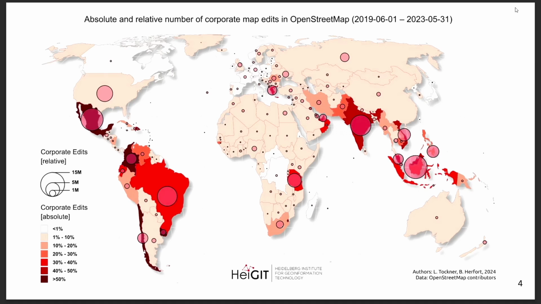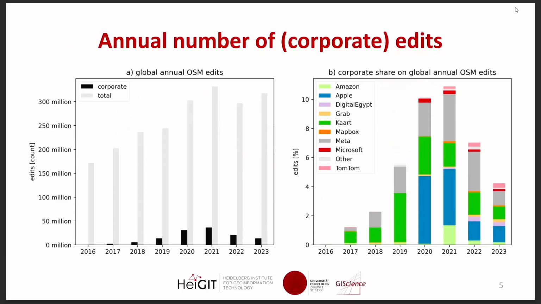So it's the high to medium income countries where it seems, at least from this map, that there's the biggest interest for corporates to map in OpenStreetMap. So you could say the emerging markets for companies like Meta or Amazon or Apple, that's probably where they focused their mapping. We only take a look at the data here, so I'm curious to see the next talk that goes a bit more qualitative, but that's at least what we see from the data.